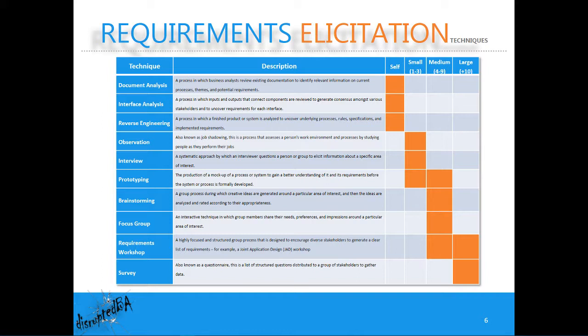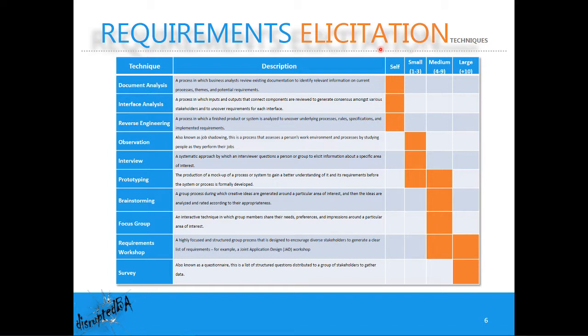Typically, from a practical point of view, I have found that you would use 1 or 2 from each of the different groupings. You'll see they are loosely grouped into sets of 3. This is not on purpose, and there's no rule to this, but you'll see the first 3, document analysis, interface analysis, and reverse engineering, are all techniques that you can use by yourself.